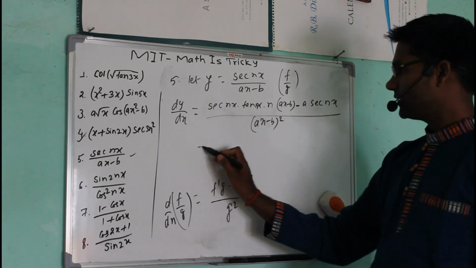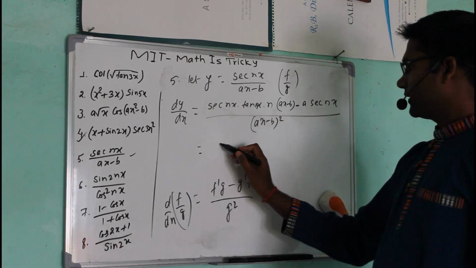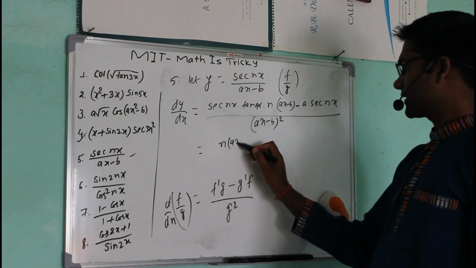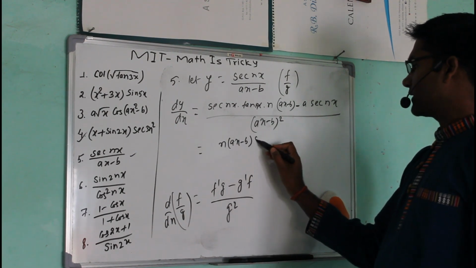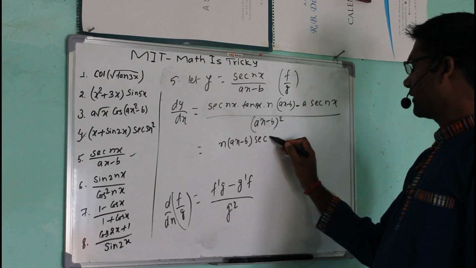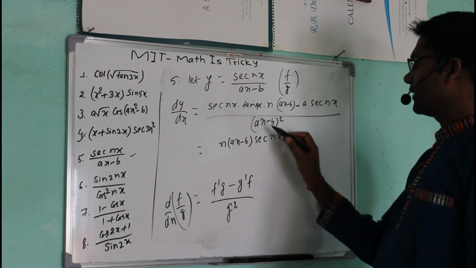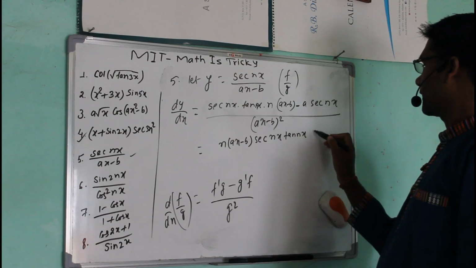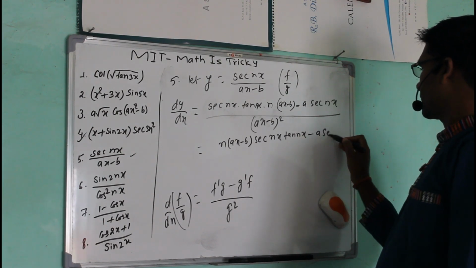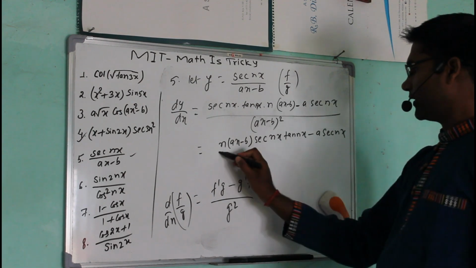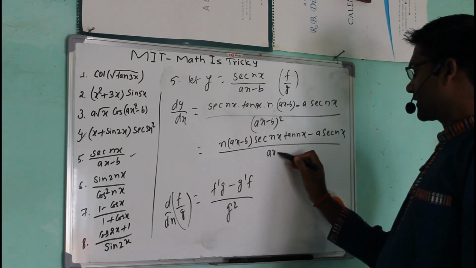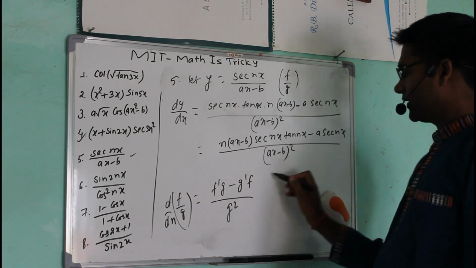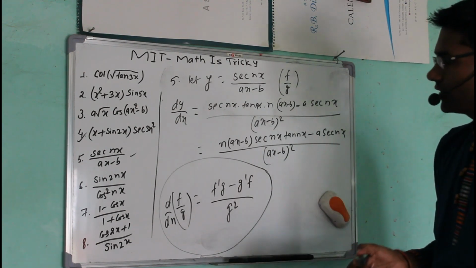Now simplify. It will be simply n times ax minus b sec nx tan nx minus a sec nx, by ax minus b whole square. This is the formula I have used.